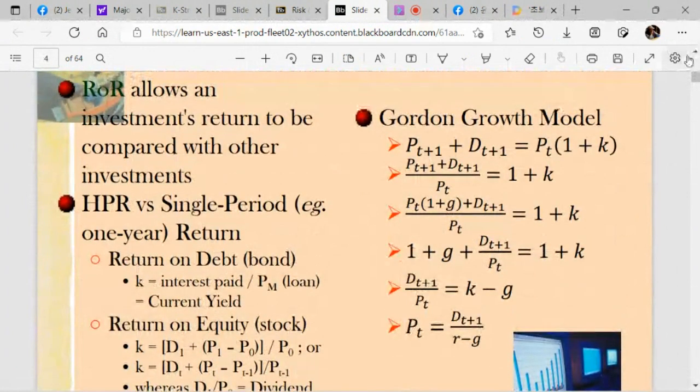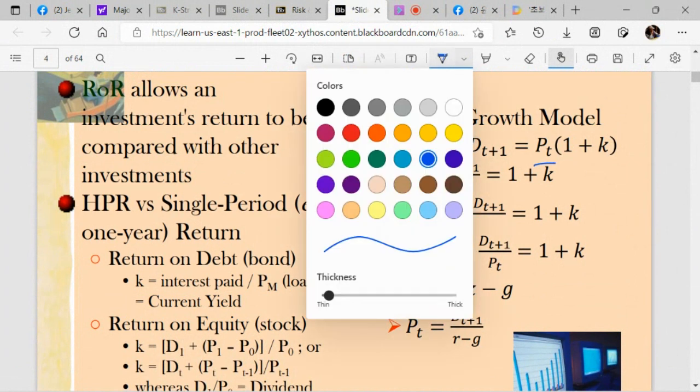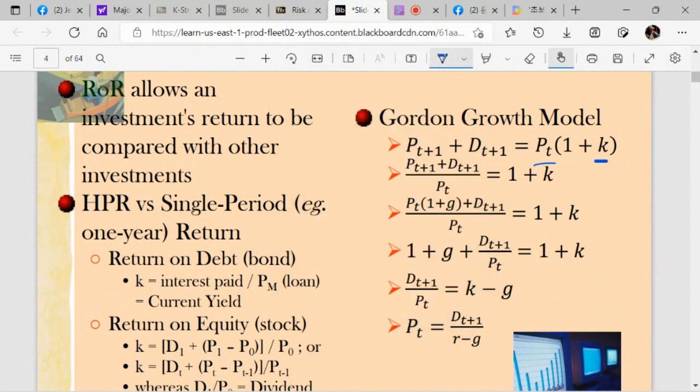The Gordon growth model is basically one period, basically to predict the next period, right? Think about it. We all know PT, let's say PT is the price at time t, and if K is the return, what's the difference between return and growth rate?